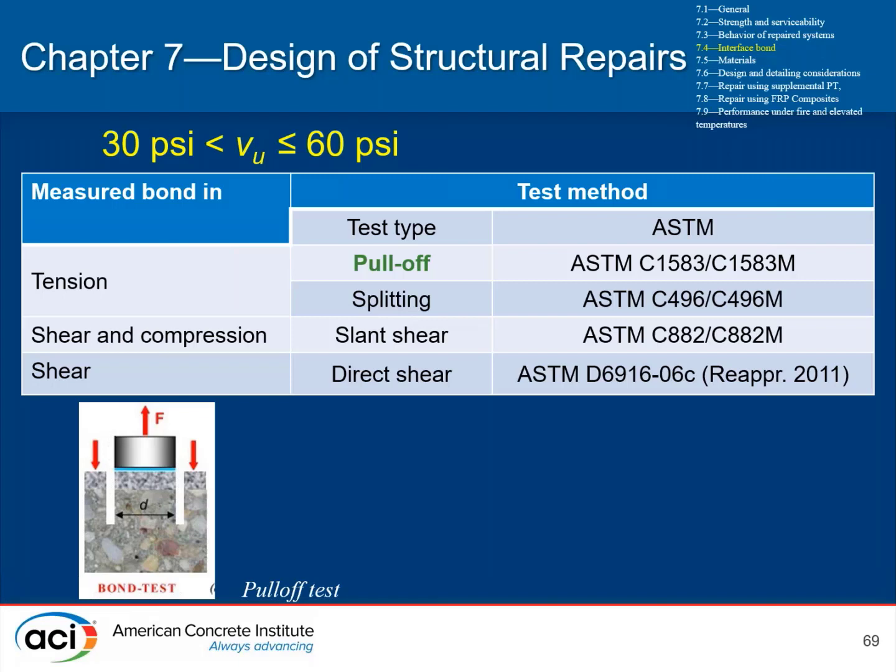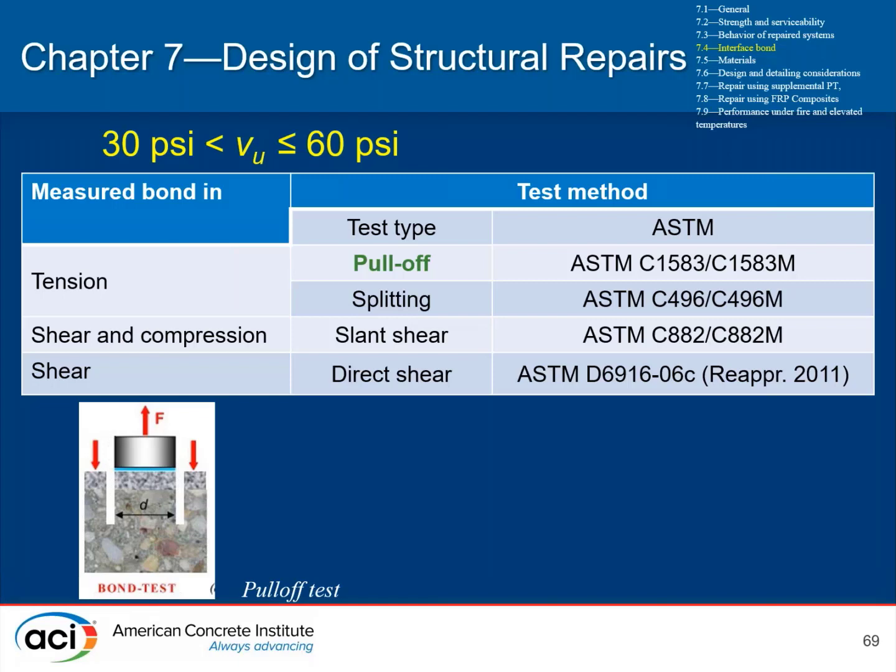And so there are some parameters included in ACI 562 for conducting testing, particularly pull-off testing, and minimum amount of sampling. And then also it's the requirement of the licensed design professional to evaluate those and specify the necessary level of or values for applicable bond testing.